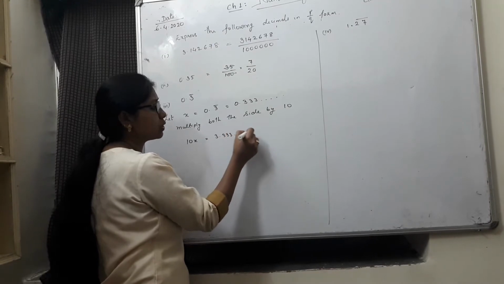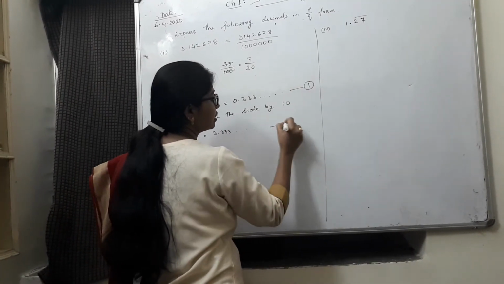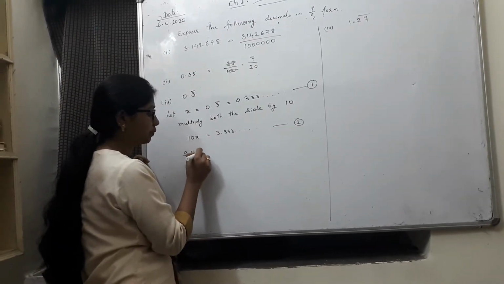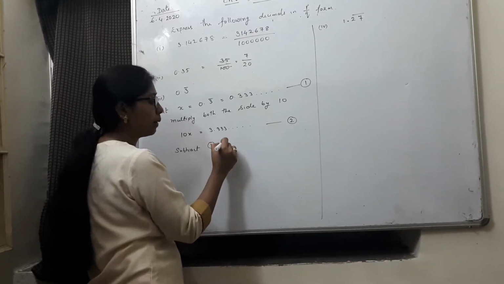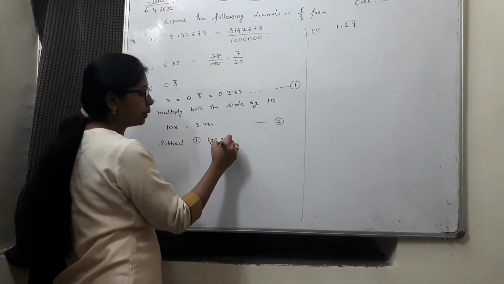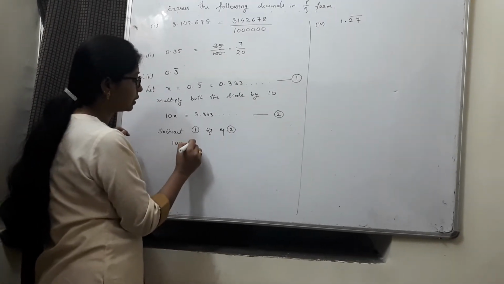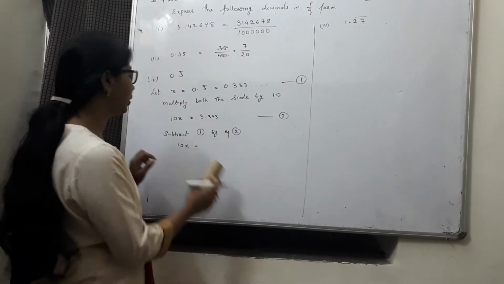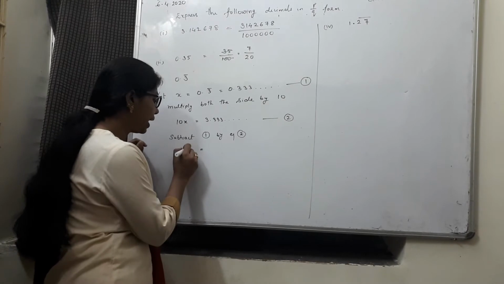Now make the previous one the first equation, this the second equation, and subtract equation number 1 from equation number 2. So 10x minus x gives you 9x.